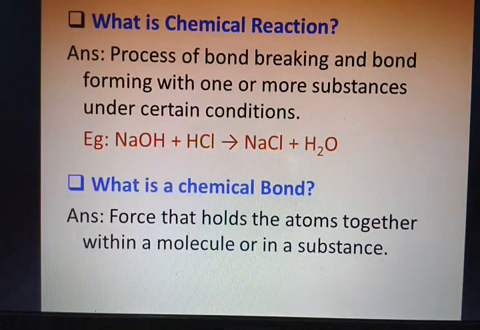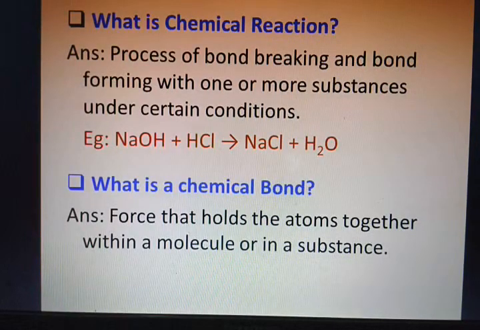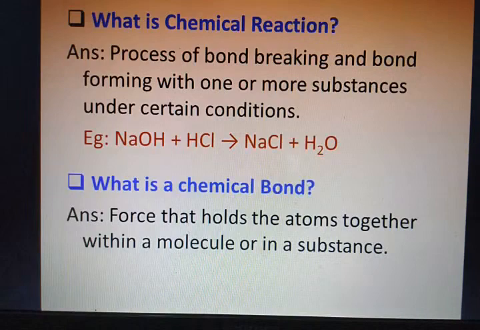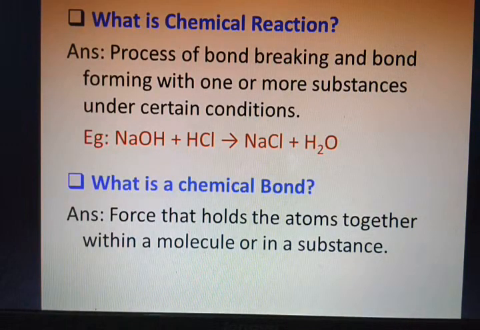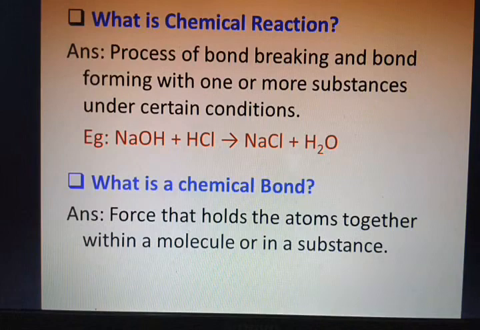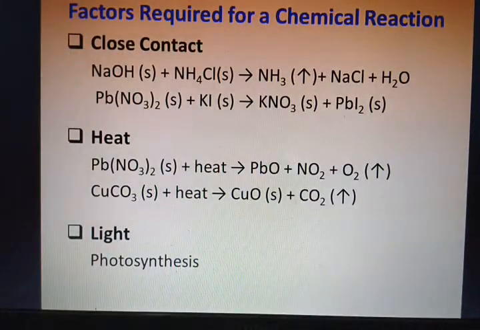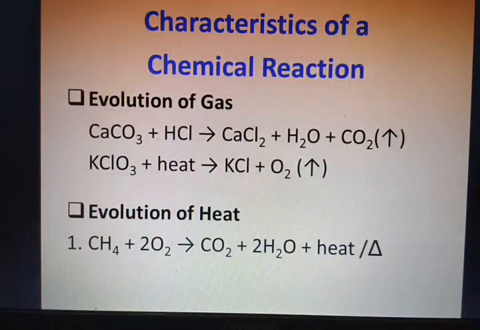Now, when we discuss a chemical reaction, we need to discuss, number one, the conditions or parameters which facilitate and lead to the occurrence of a chemical reaction, and number two, the characteristics, that is, the features of a chemical reaction.